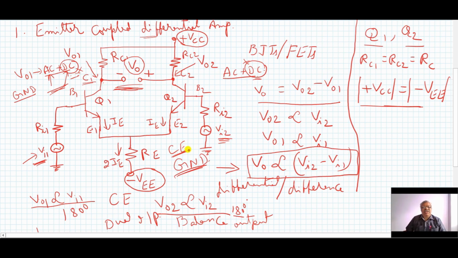So this configuration is generally not used in practical applications because it gives only the characteristics of a normal single stage CE amplifier. But as the name indicates, it is a single input unbalanced output differential amplifier.